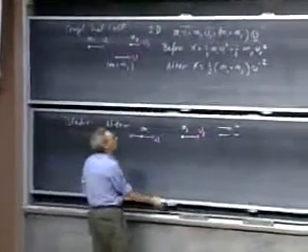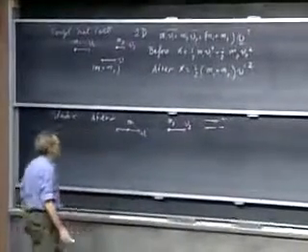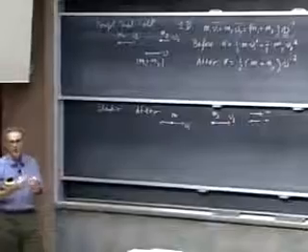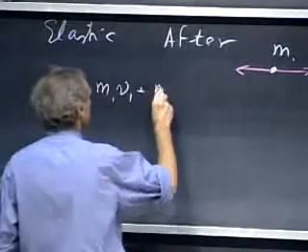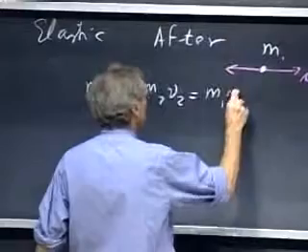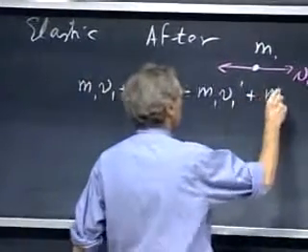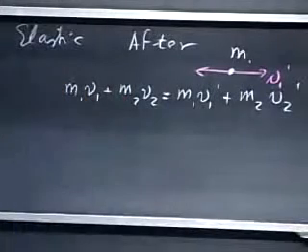So now we can apply the conservation of momentum if there is no external force on the system. Internal forces is fine. All right, so now we have m1 v1 plus m2 v2 equals m1 v1 prime plus m2 v2 prime, conservation of momentum.